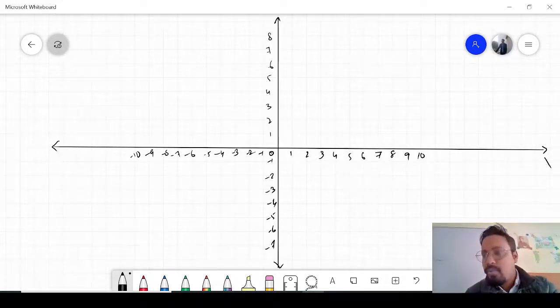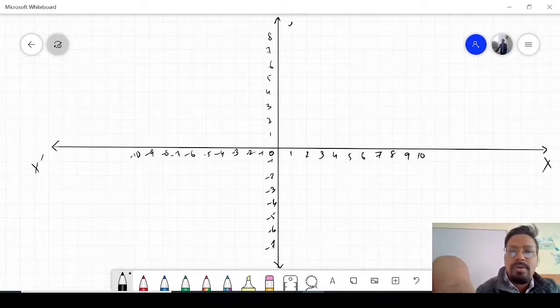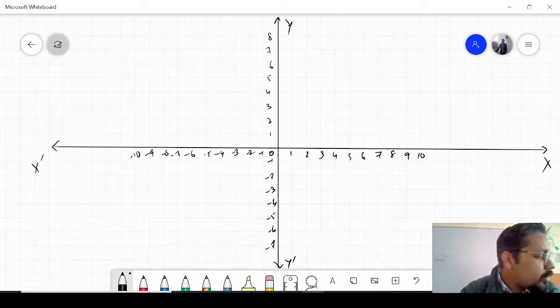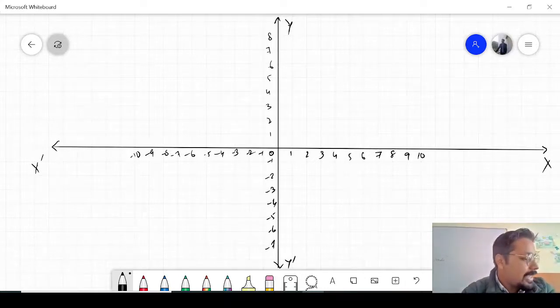So this is our new system, x o x dash and y o y dash. So x1 comma y1 is a point on the plane referred to as a coordinate. Okay, so we will plot a point x1 y1 on the plane. So x1 y1 is a point. Through A, draw the lines AB and AD parallel to the coordinate axis.